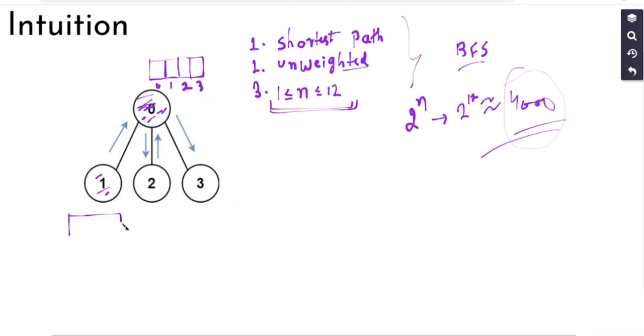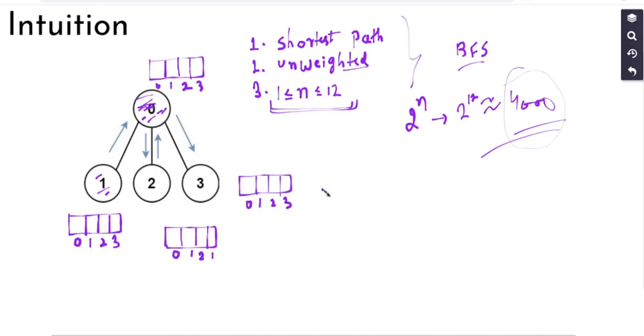So we have a visited array for node number 0, for node number 1, for node number 2 and 3. So let's say this is for node number 2. This is because we are using a multi-source BFS. We are assuming all the nodes to be source, and along with the nodes we have to push this visited array into the queue.